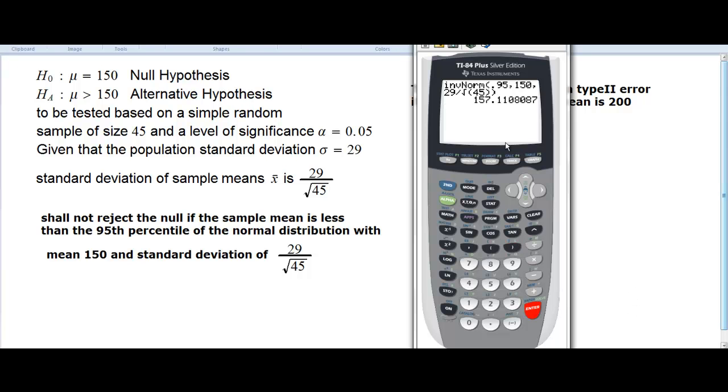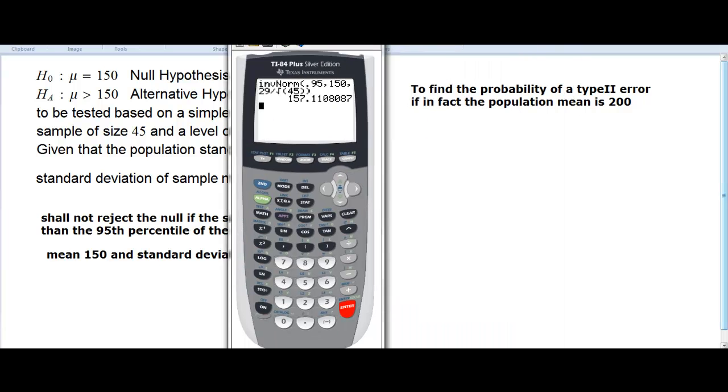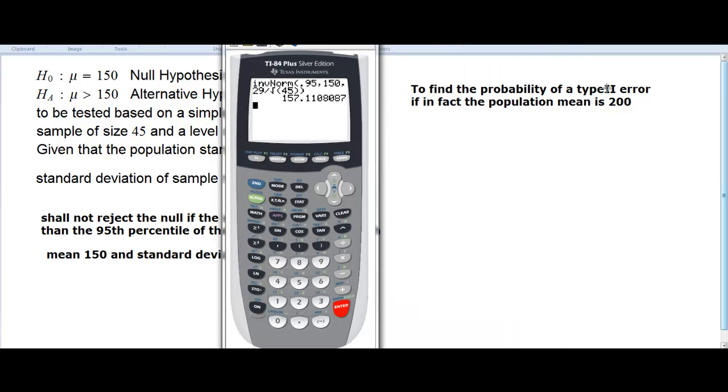So how much is that? It's about 157.11. So we are not going to reject the null if the sample mean comes out to be less than that. So now let's see what the probability is that the sample mean will be less than that if the population mean in fact is 200 units.